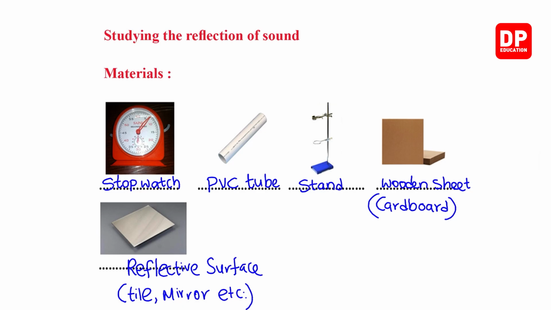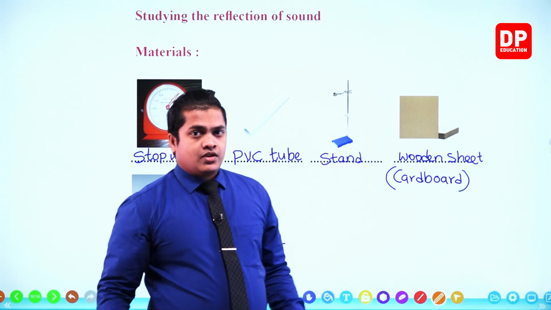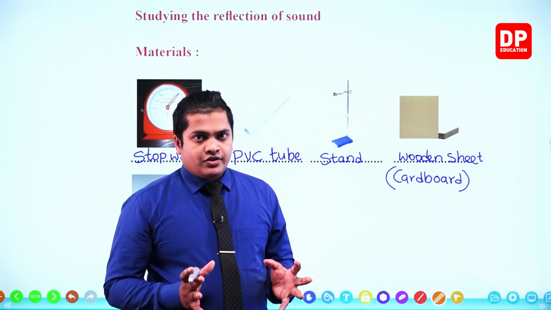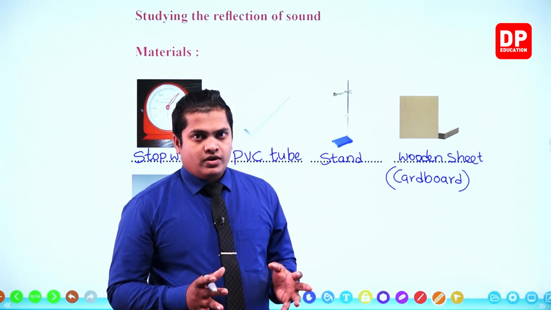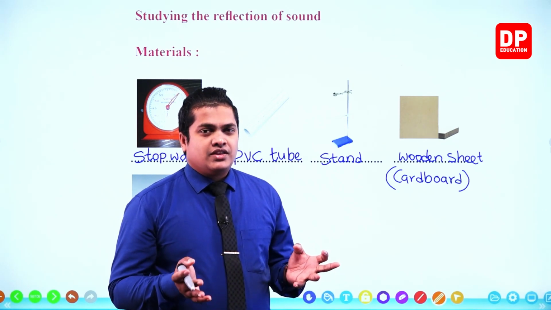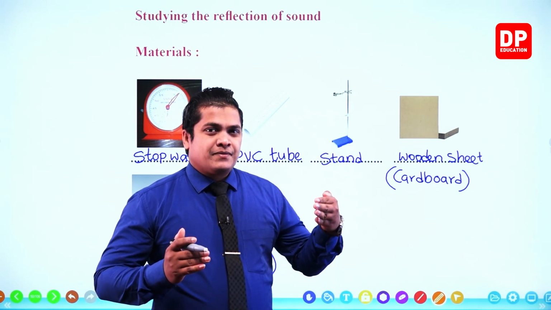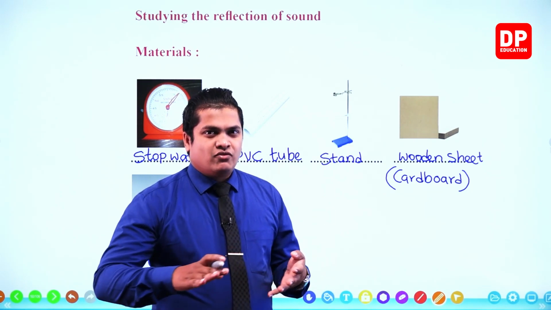Reflective surface means it's better to use a shiny one, but if there are no reflective surfaces, you can go ahead with a cleaned wooden sheet.